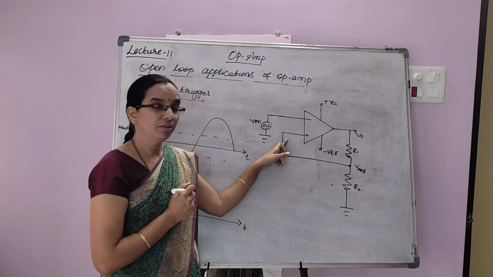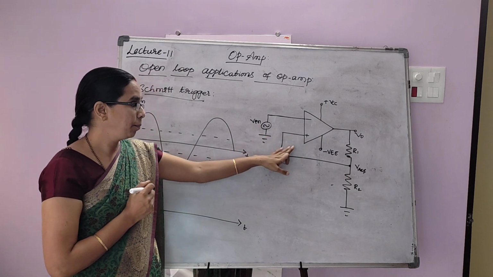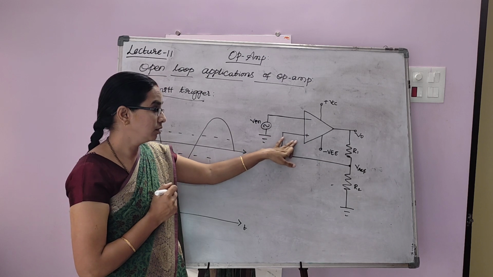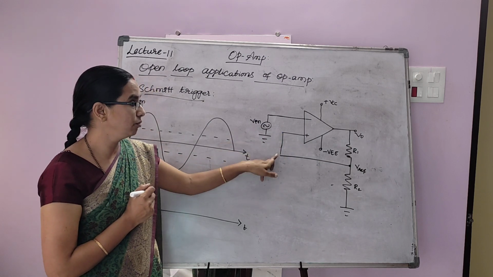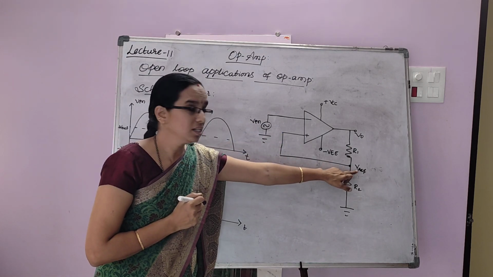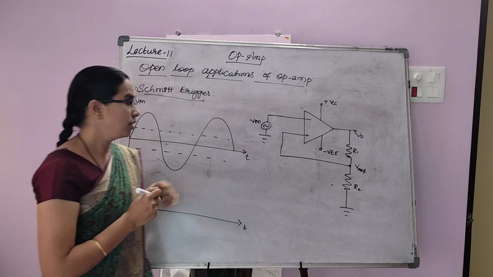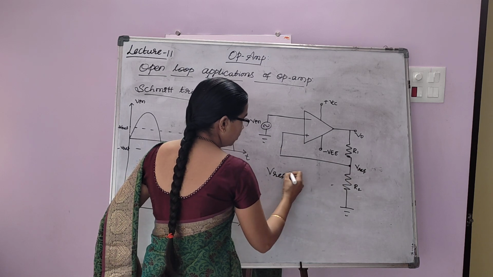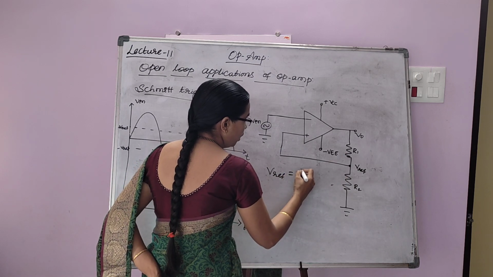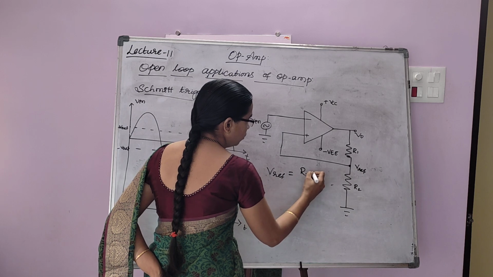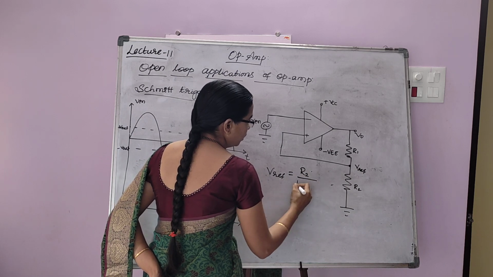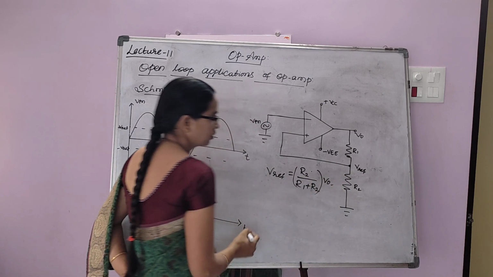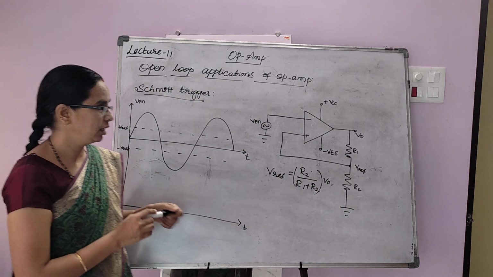So the Schmitt trigger comparator compares the input signal with this reference voltage. This reference voltage is given by a voltage divider: V0 into R2 divided by R1 plus R2, from the voltage divider rule.